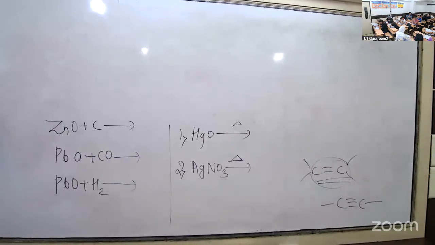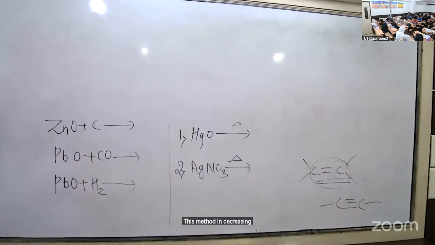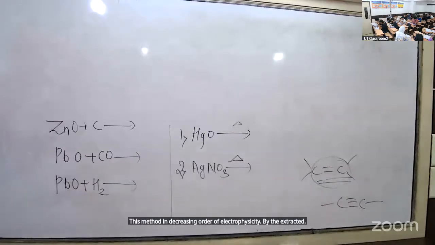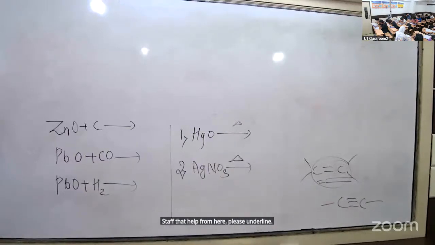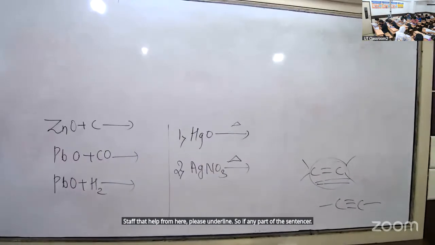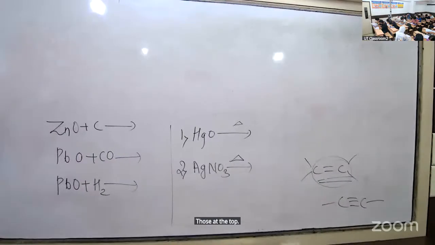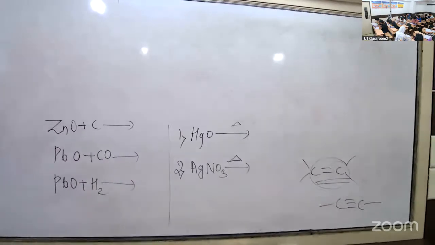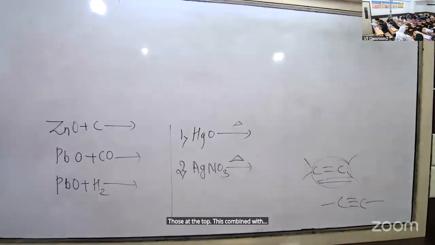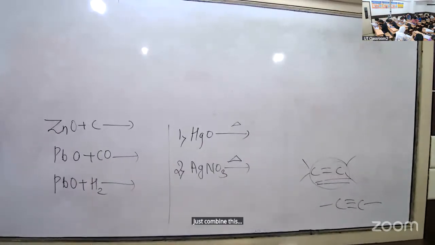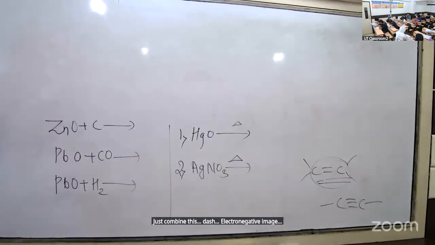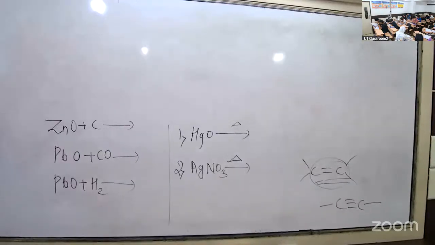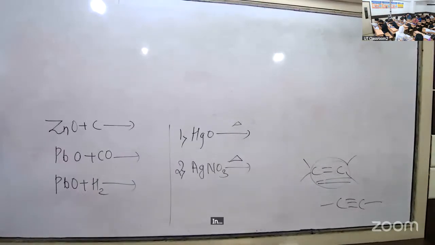Since the reactivity series lists the metals in decreasing order of electropositivity, it might be expected that, now from here please underline the remaining part of the sentence, those at the top will combine with dash electronegative elements in their minerals.